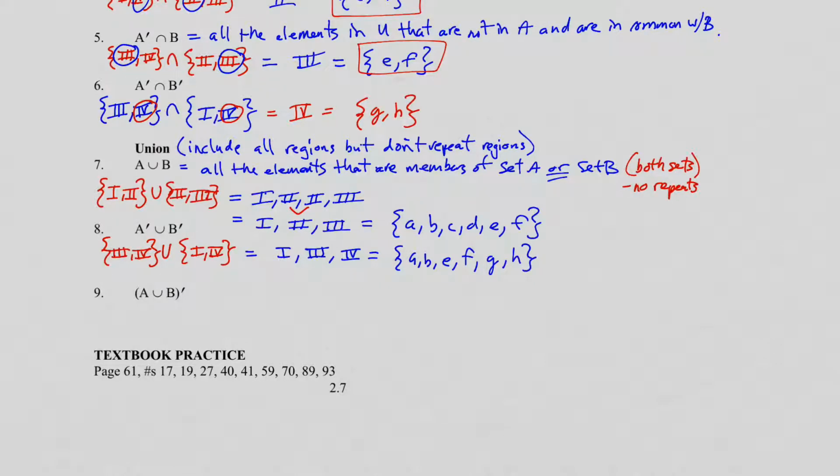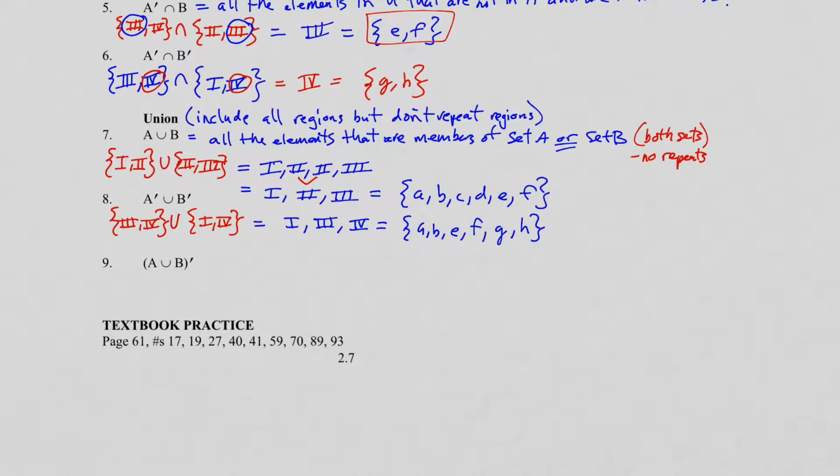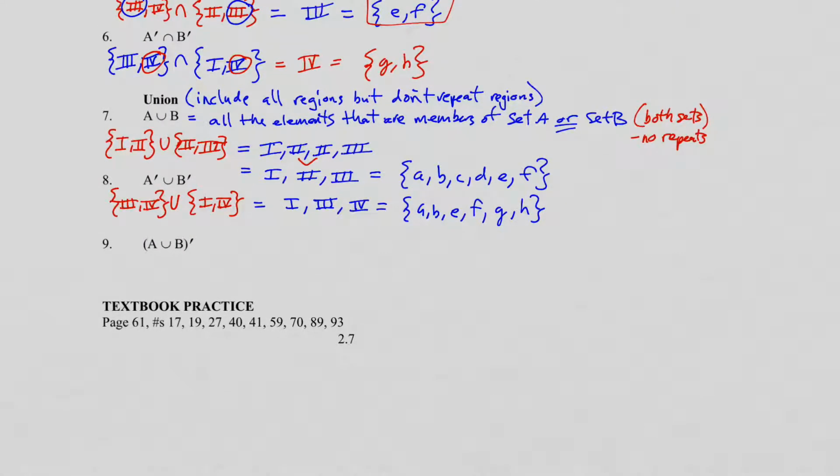Now, let's go ahead and see if you can do number 9. Let me get you started. So, what's the union of A and B? We already answered that above, number 7, so we know that's going to be 1, 2, and 3.